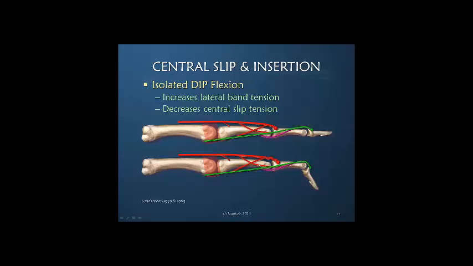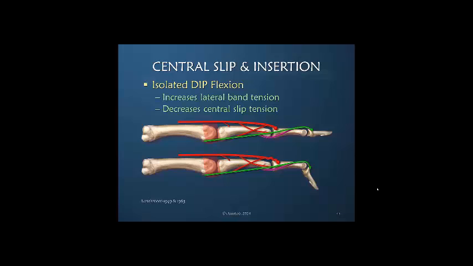Because of these interconnections and because of all the fibers that are connected here, I then pull the lateral edges of the dorsal apparatus distally, and I am creating some slack at the central slip insertion.